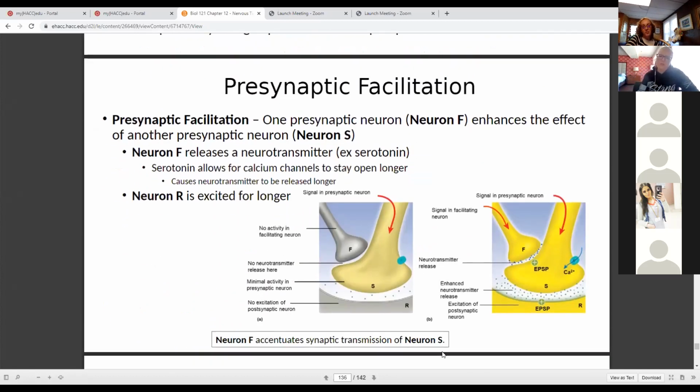Okay, almost the last part of this chapter, presynaptic facilitation. One neuron is going to enhance the effects of another neuron. Neuron F releases a neurotransmitter.